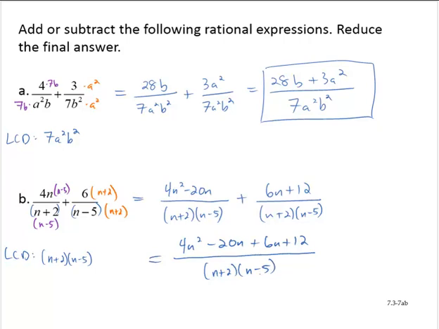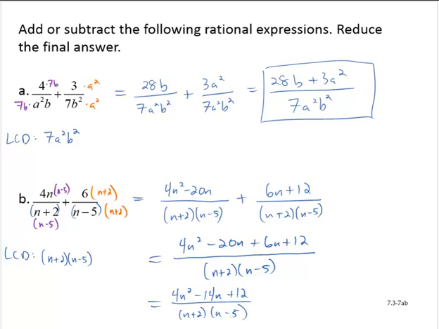Now we can combine the like terms in the numerator, yielding 4n squared minus 14n plus 12 over n plus 2 by n minus 5.